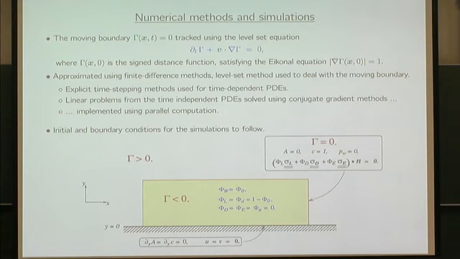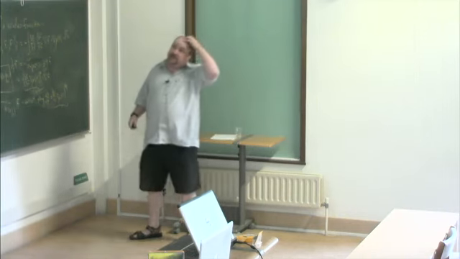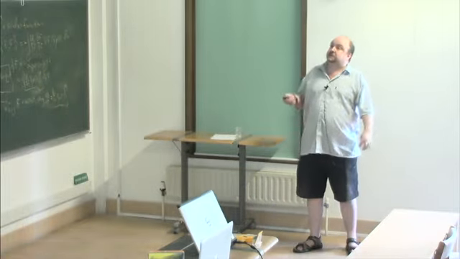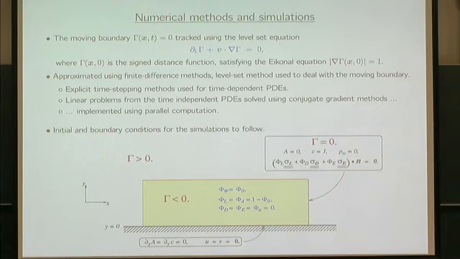Now at the time I became aware of level set methods to describe moving boundaries, which I was quite excited about because I do a bit of numerical methods, but certainly not an expert, and I do like using finite differences. So when the level set became apparent to me, which works brilliantly in finite differences, I thought, yes, that's the way to go. So we decided to do a level set method.